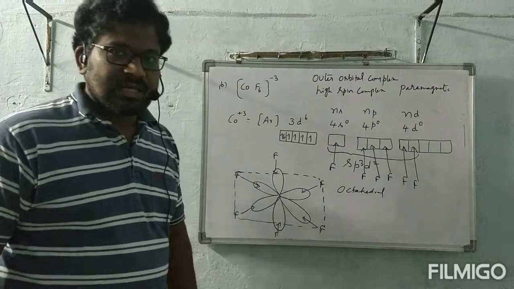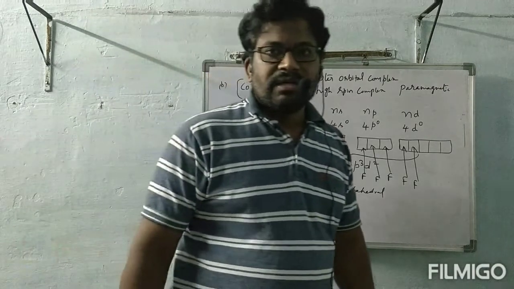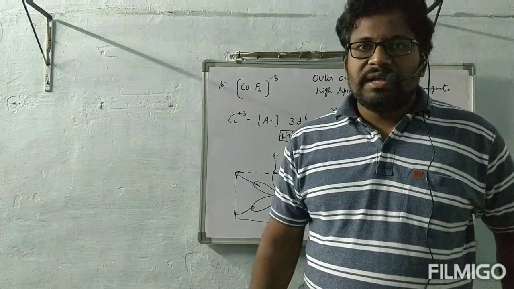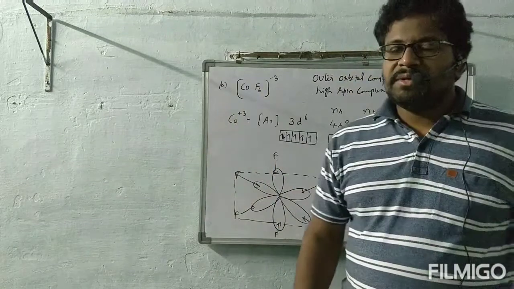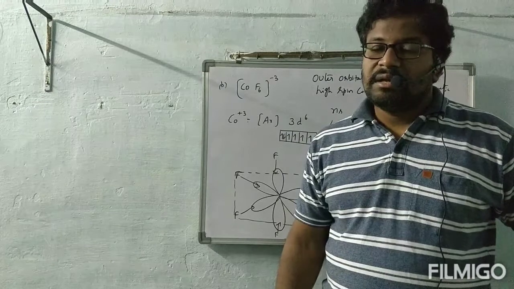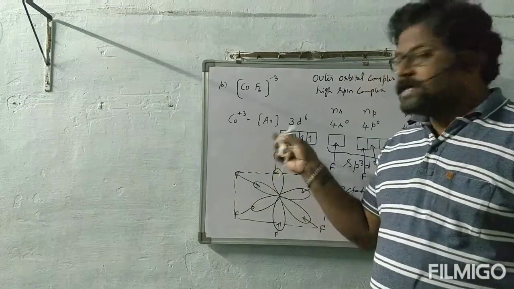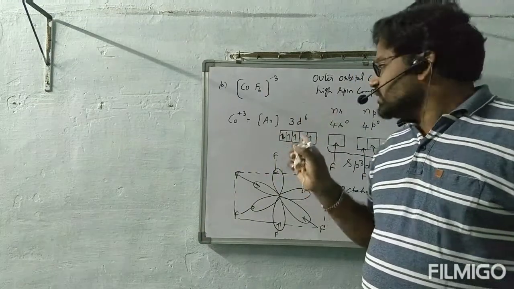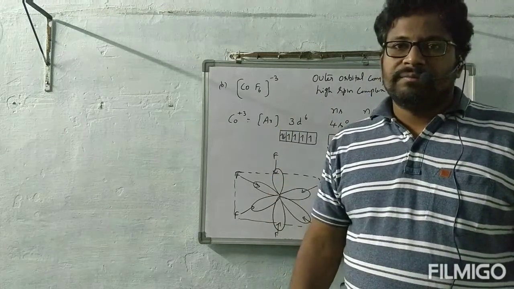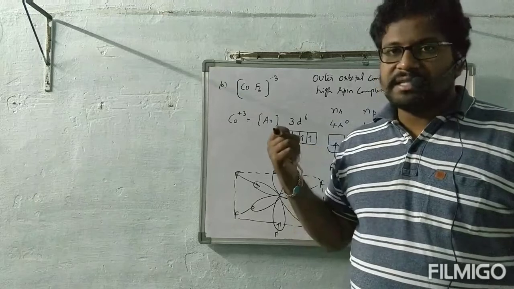Next we will study one more theory, called crystal field theory, CFT. In that CFT, you will get clarity on why pairing took place in the previous example, Co(NH3)6 3 plus, and why pairing did not take place in this complex. That remained a drawback for valence bond theory.